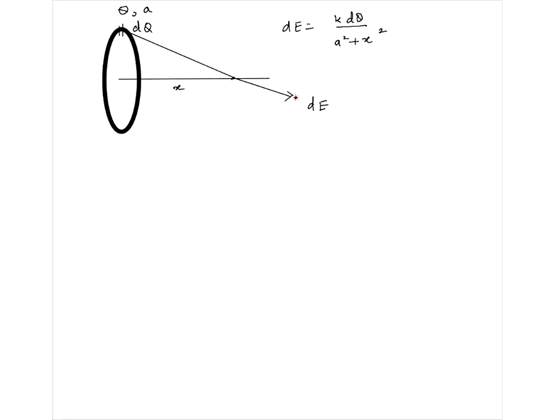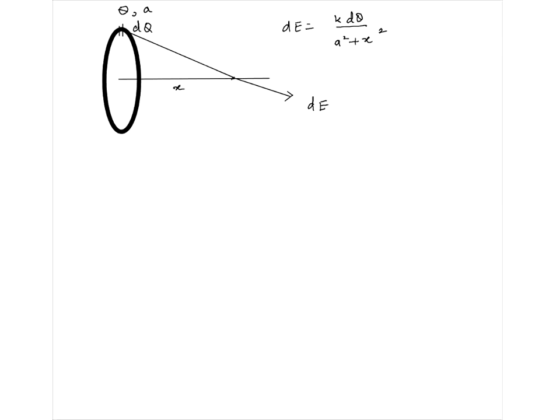Right now 2 plus 3 equals 5 is not working. This dE is in this direction, this dE is in this direction. Several dE's are in several directions. How can 2 plus 3 be equal to 5 for such vector addition? So we take components. Symmetry will be the key.